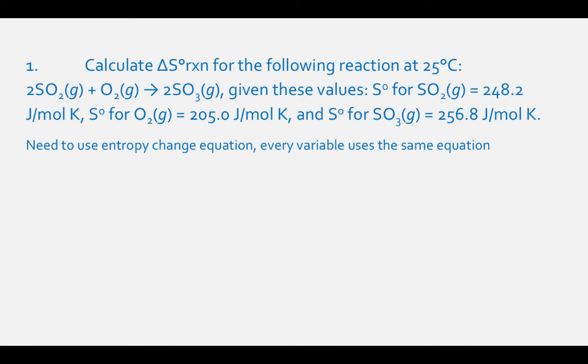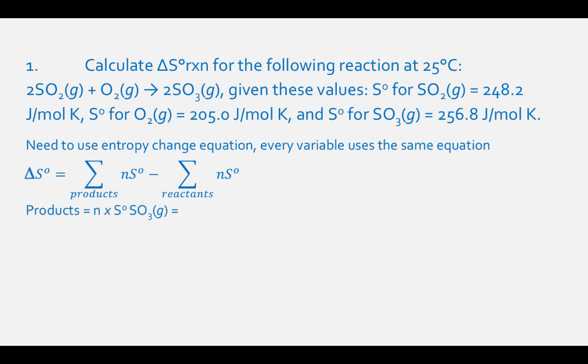Every thermodynamic variable, delta G, delta H, and delta S, has the exact same equation, but we will be concentrating on the delta S version. The standard delta S of the reaction equals the product of all the coefficients of the individual products times their standard entropies summed, minus the product of all the coefficients of the reactants times their standard entropy summed.